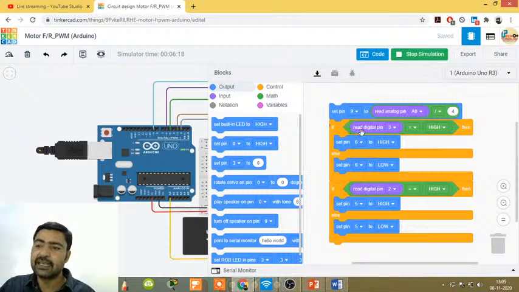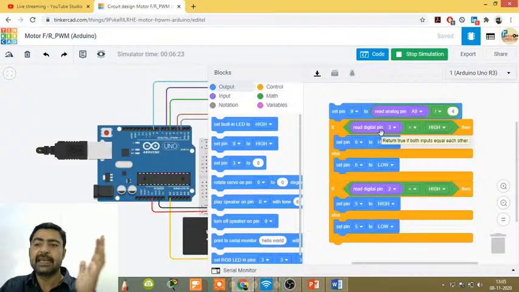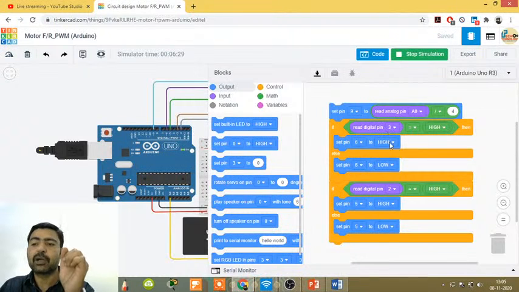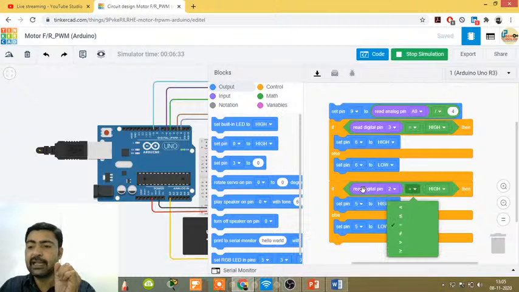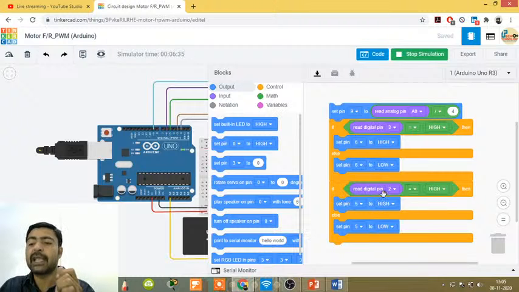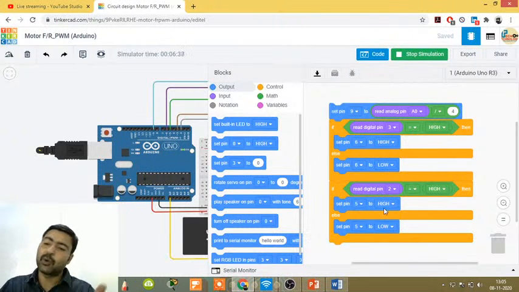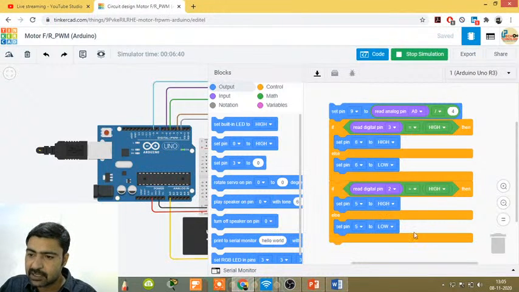Then we have set a condition, the same condition we used in the previous example: if we make pin number 3 high, the motor should run in the clockwise direction, and if we make pin number 2 high, the motor should run in the counterclockwise direction.